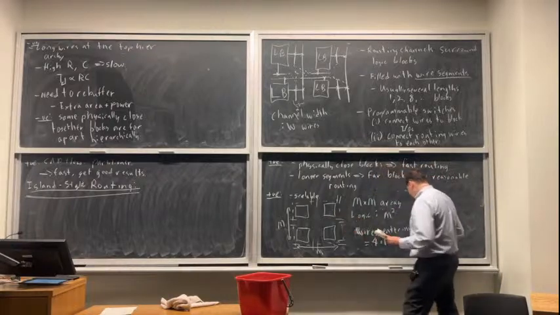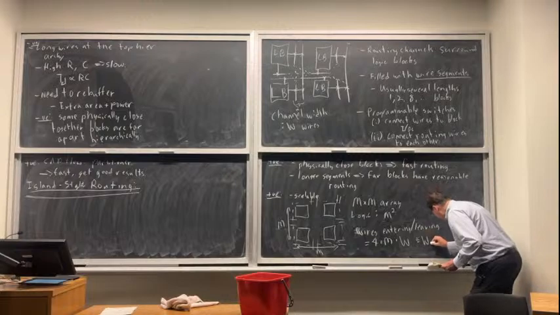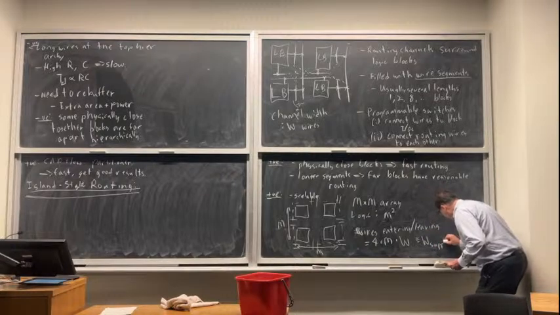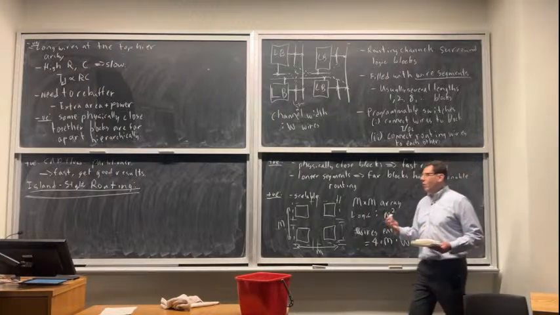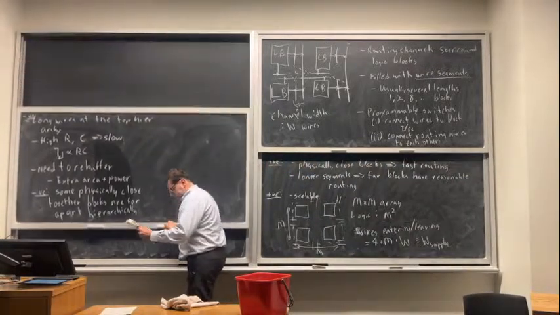I'm just going to define that to be W supply, the total amount of wires I could ever possibly use to get in and out of this block of logic.